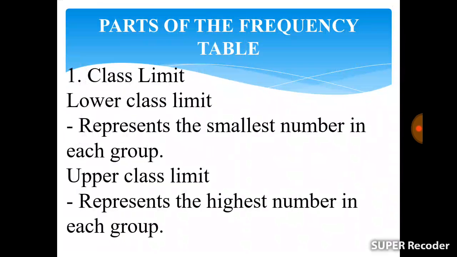So for class limits, we have lower class limit. So a lower class limit represents the smaller or the smallest number in each group, while the upper class limit represents the highest number in each group.